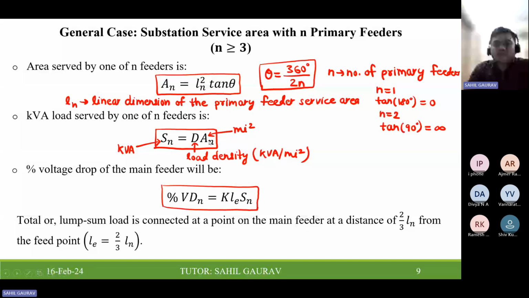And now the other expression is the percentage voltage drop of the main feeder, which will be K into LE into SN, where LE is the effective length. So here I have written that the total lump load is concentrated at a point on the main feeder at a distance of 2/3 of Ln from the feed point. That represents the effective length, and the effective length is coming as 2/3 of Ln. So we have seen for triangular service area where the effective length is coming out as 2/3 of Ln.